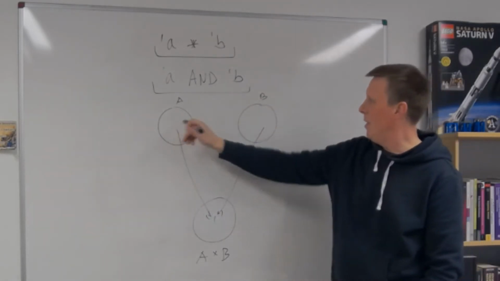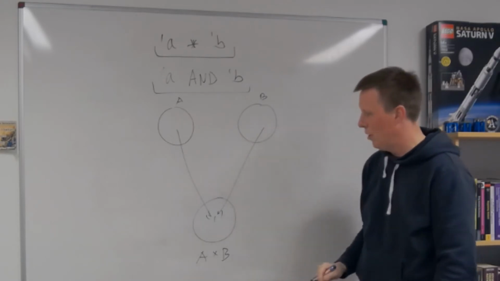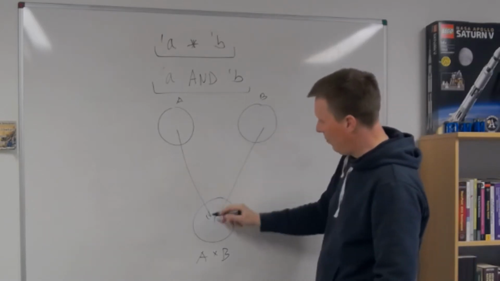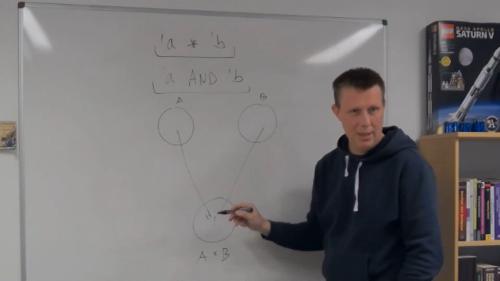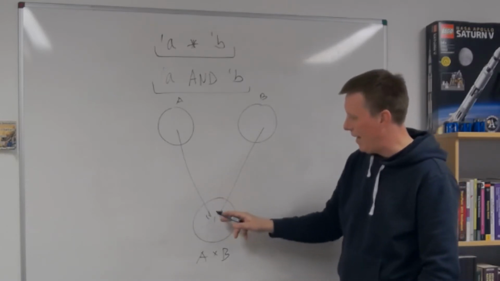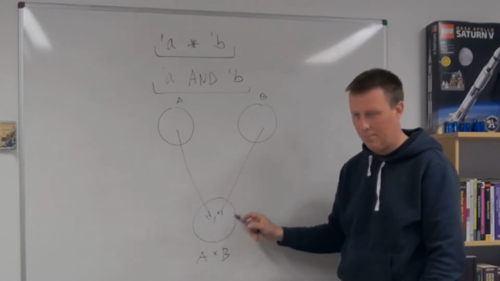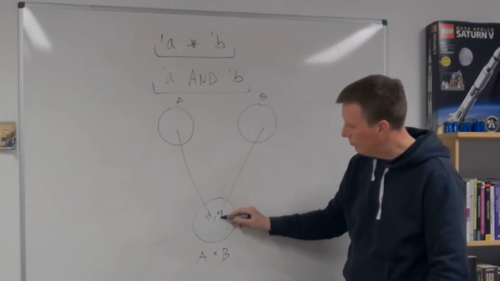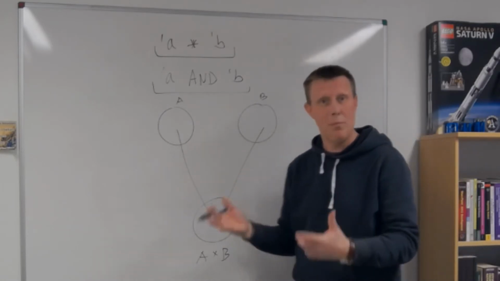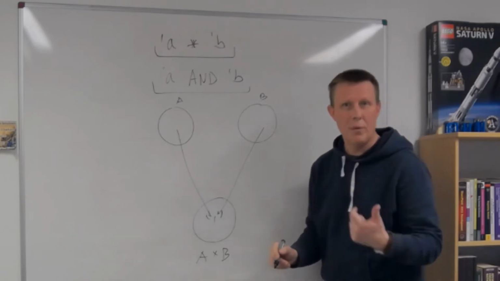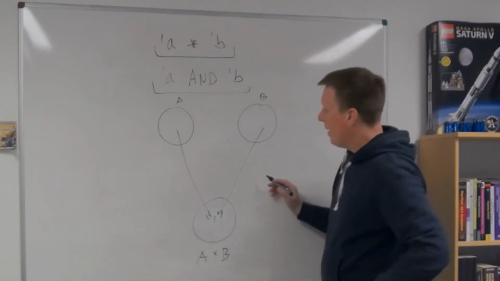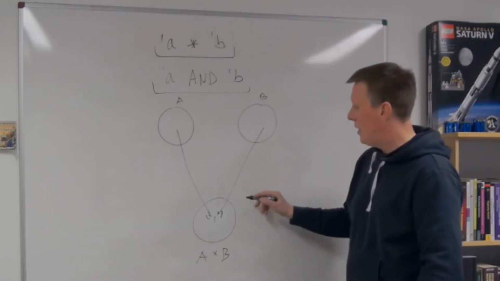So we pick an element from here and pick an element from here, and we produce a pair. This pair is distinct from picking an element and putting it first and the other one. So order matters here. This is the pair of A's and B's, not B's and A's. That's a different product. We can form it, of course, but it's a different product. So there's a difference between the tuple of an int and a float and a float and an int, obviously. Okay, so this is how we form this.